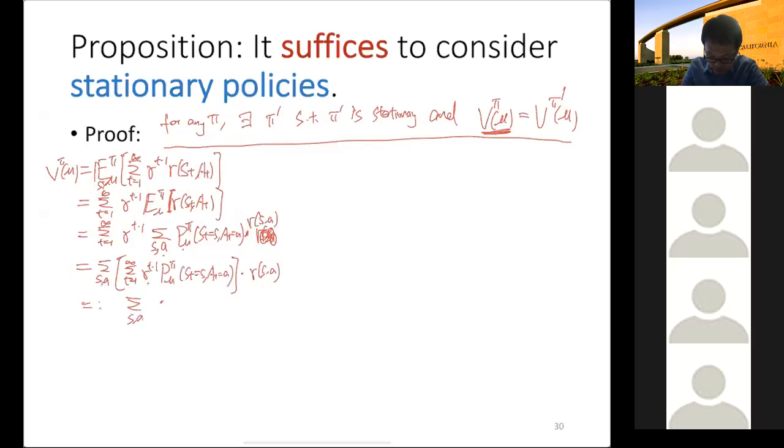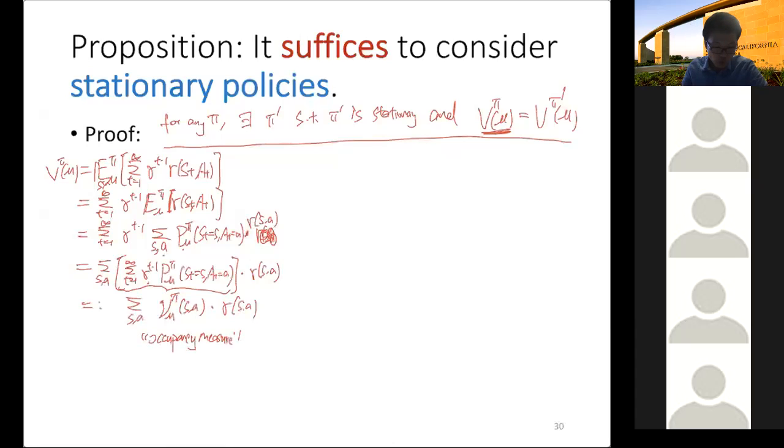I'm using this Greek letter nu, make sure that this is different from V. This is nu, times R(S, A). I'm just giving this whole thing a name, nu, and nu is what we call the so-called occupancy measure. So this is how likely it is, marginalized over the entire trajectory, that your state and action happen to be this SA pair.